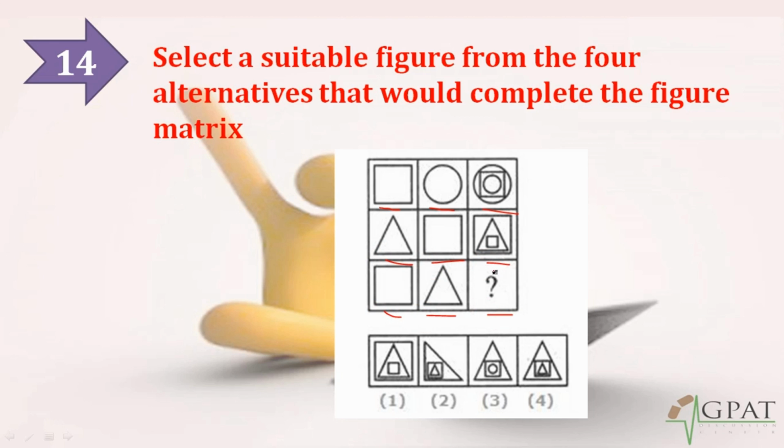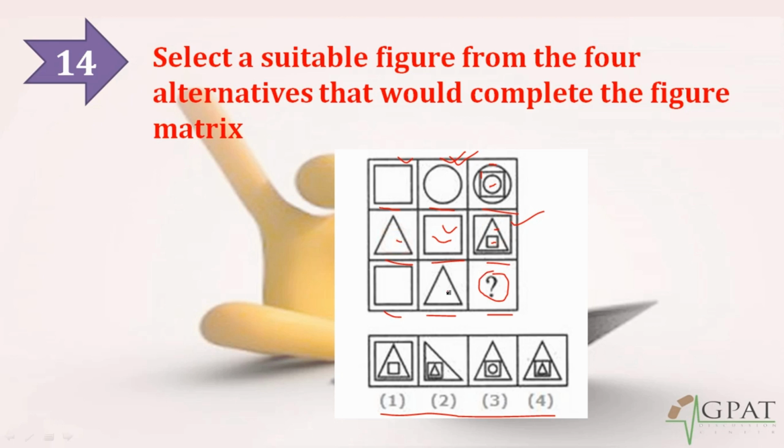So you have to fill this question mark with the following options 1, 2, 3, 4. You can see here in this, the outermost is the second diagram and the innermost is also the second diagram, while the middle one is the first diagram. Here also you can see outermost is the second, innermost is the second and the middle is the first.